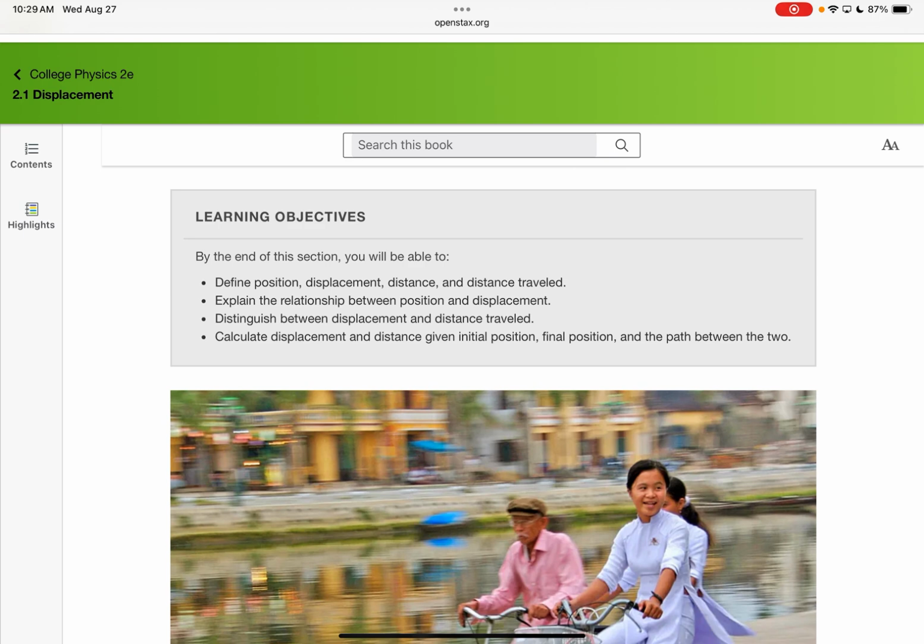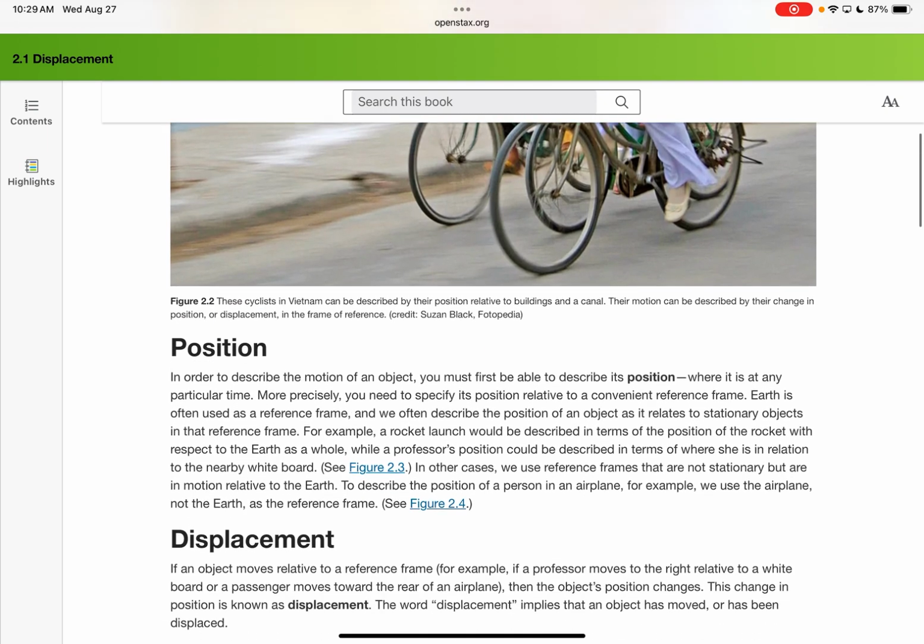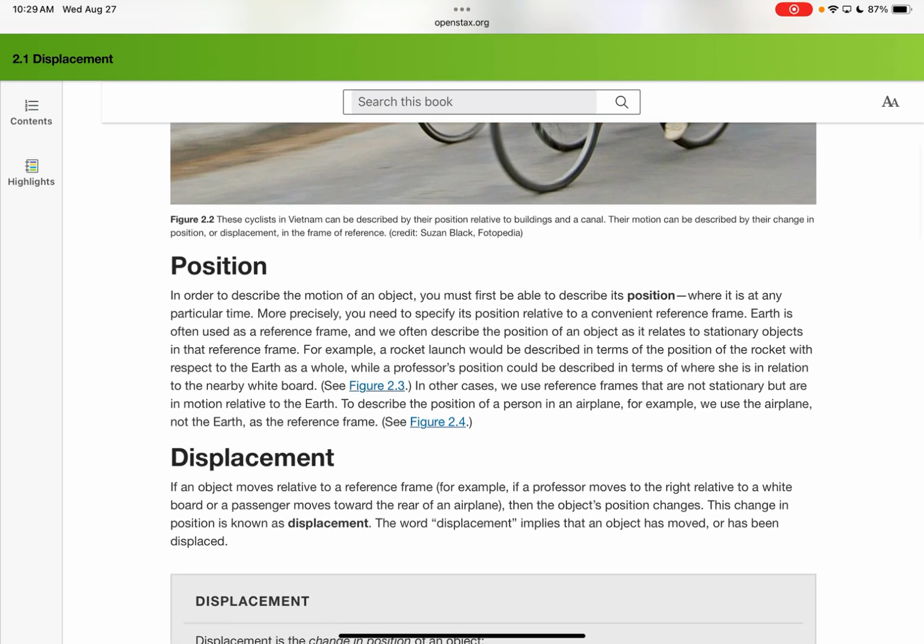And so we need to define a few of those terms as we go through. First of all, position. Position really can be anywhere that you assign, for example, your starting place. So if you begin traveling somewhere, let's say you're going on a trip, your frame of reference is your starting position, and your frame of reference, let's say, is your house.